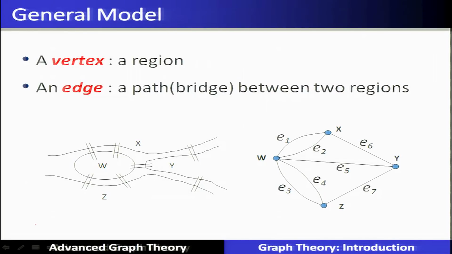That means every region or island we represent as a vertex, and if there is a bridge between 2 regions, we place an arc. So, this map is converted into a graph.